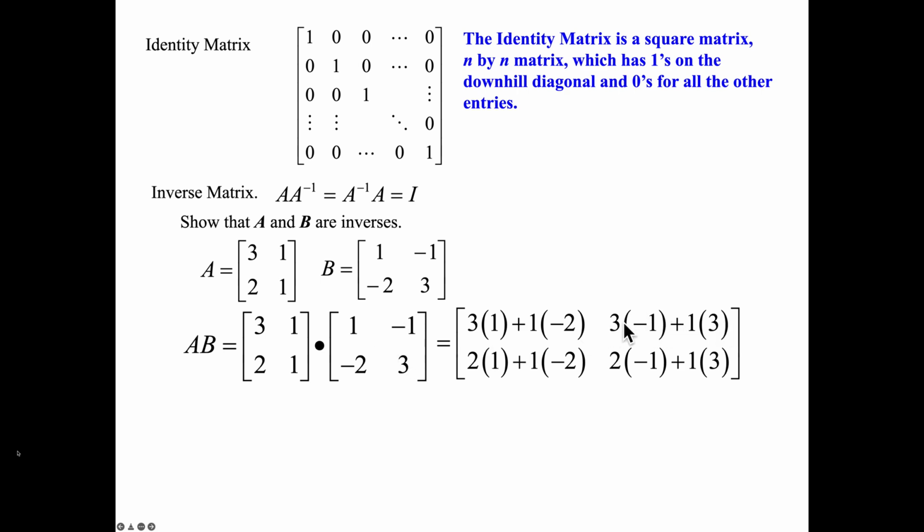Your column numbers in parentheses. Copy them down. Second row is 2 and 1. Put the 2 and the plus 1 in front of each set of parentheses. Crunch the numbers. 3 minus 2, 1. Negative 3 plus 3, 0. 2 plus negative 2, 0. Negative 2 plus 3, 1. That's the identity matrix.